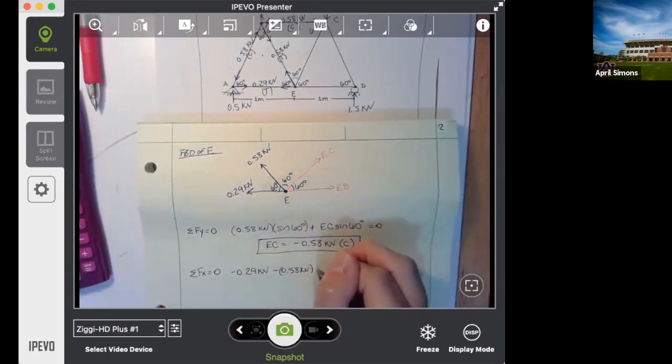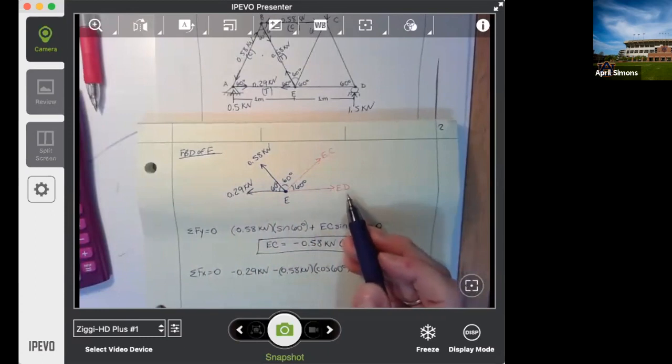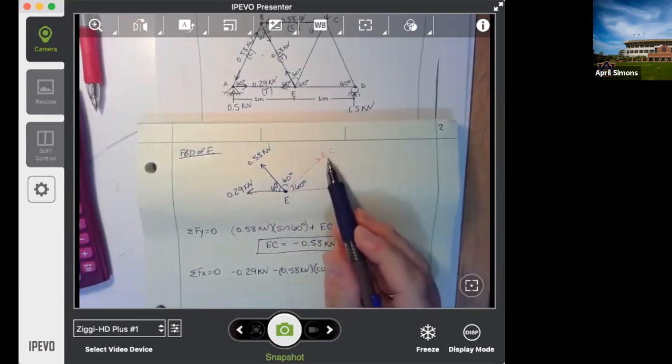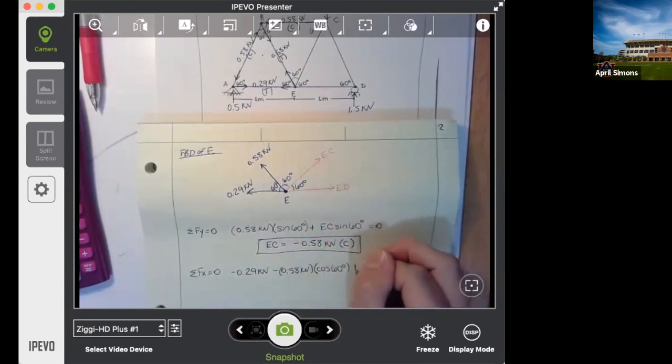We're looking at the X component, so cosine 60. Plus EC cosine 60, plus ED, all equals 0. So all four of these forces have an X component.